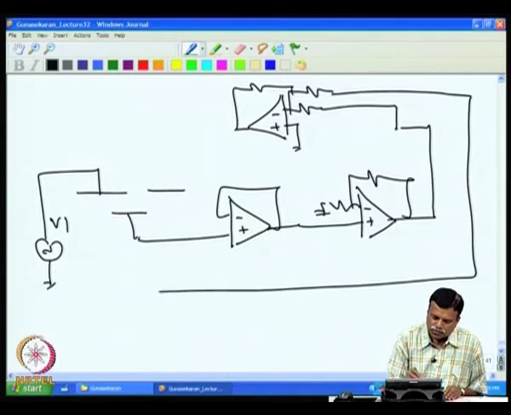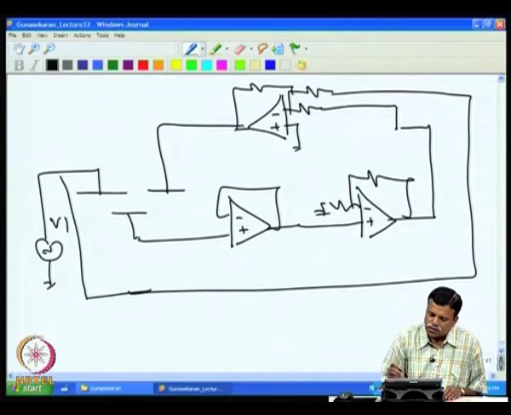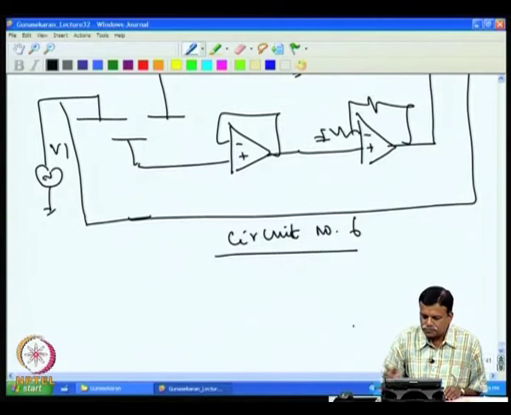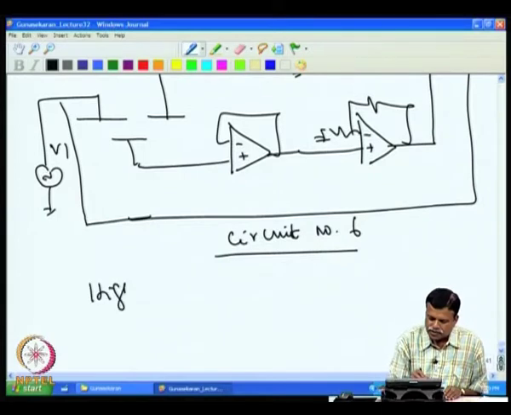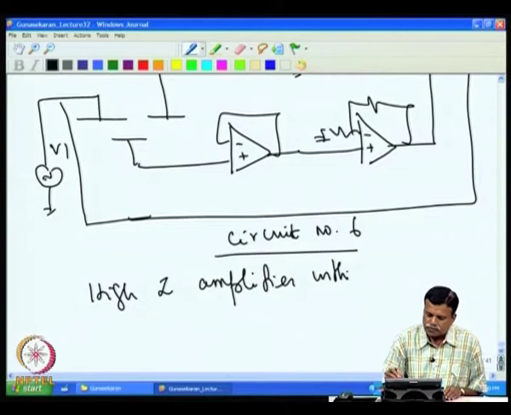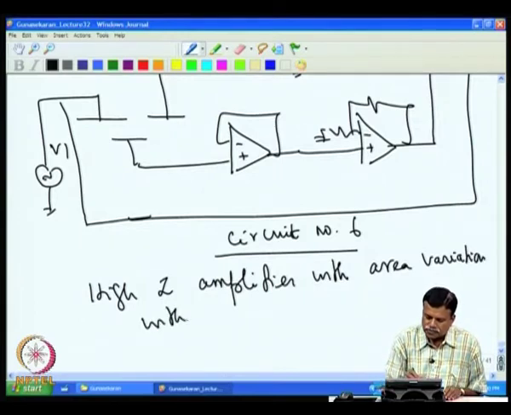This can be connected to the input, and this is connected to this. So, this we call circuit number 6, the IZ amplifier with area variation with feedback.